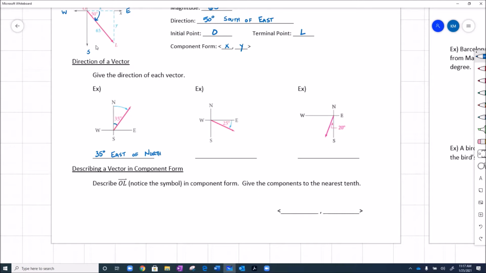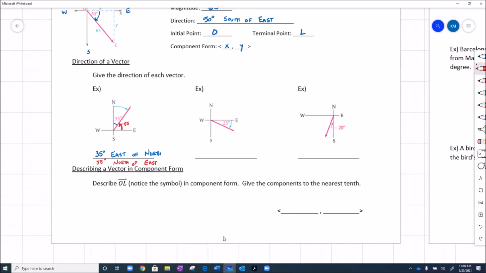There's actually two ways to name these vectors. Okay, so you'll notice that I did 35 degrees east of north. But in each quadrant, there's 90 degrees. So this is 35 degrees. This will be 55 degrees. We could also name this, if we wanted to, not that we necessarily want to, 55 degrees if we're going.